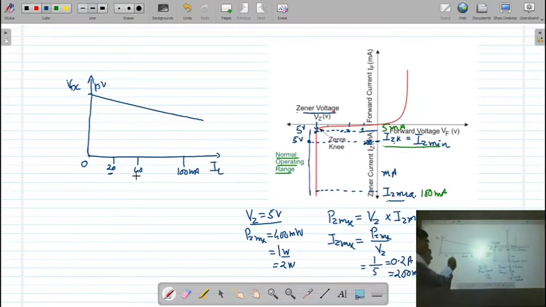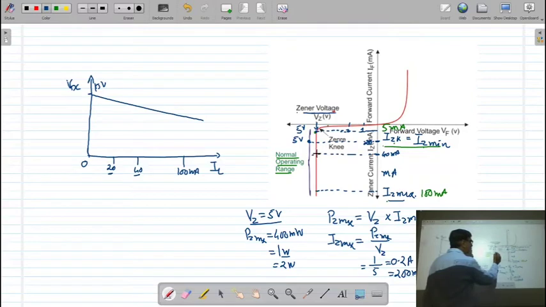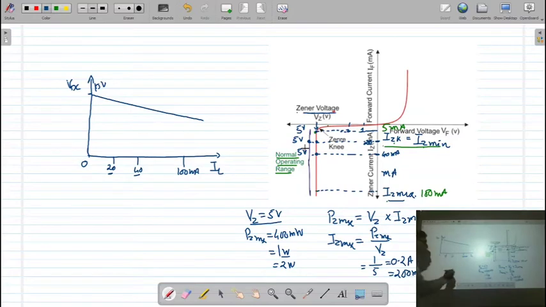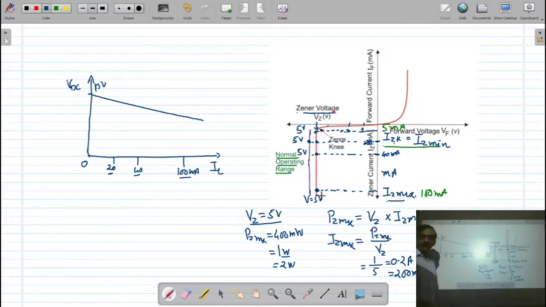If I increase the current from 20 to 40 milliampere, again the voltage across the diode is almost 5 volts. Now if we go up to 100 milliampere, the voltage across the diode is also 5 volts.